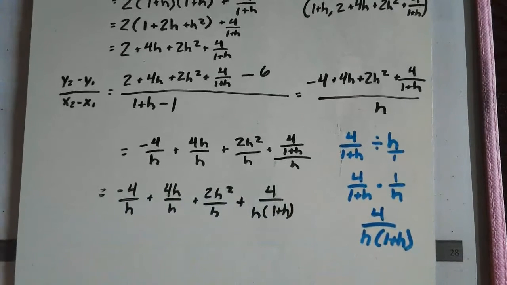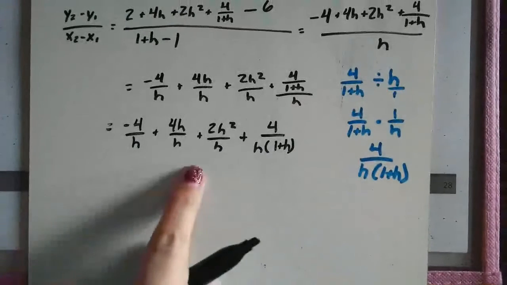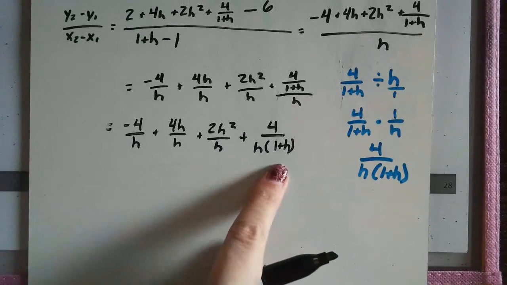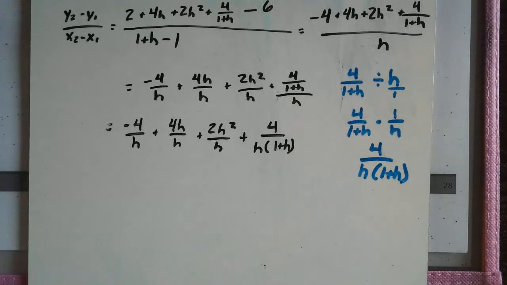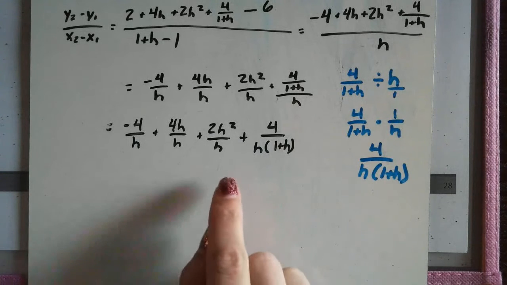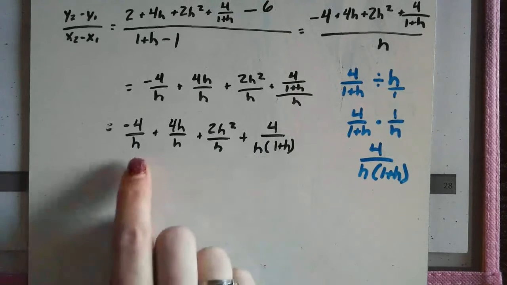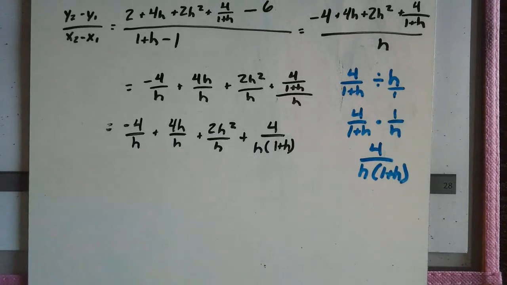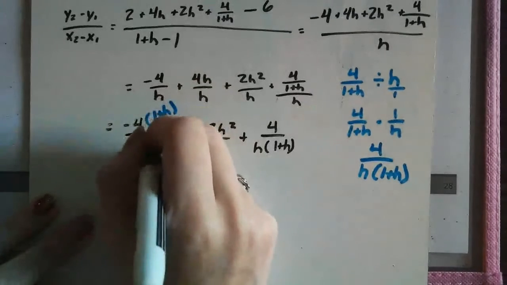Now I have a little bit of a hunch. I see that my first three fractions have the same denominator, but this fourth one doesn't. I want to see if I can make everything have the same denominator so I can crush them all together back into the same formula. My least common denominator is h times 1 plus h. All of these already have the h, so I need to multiply my numerator and denominator by 1 plus h.